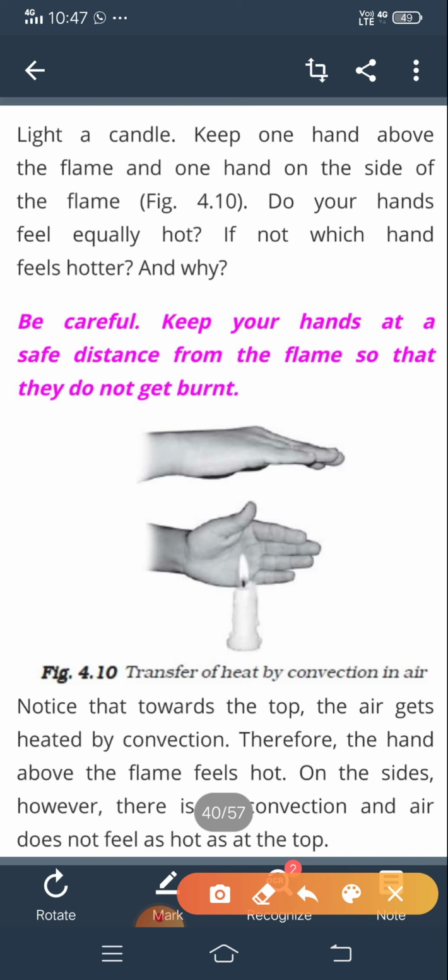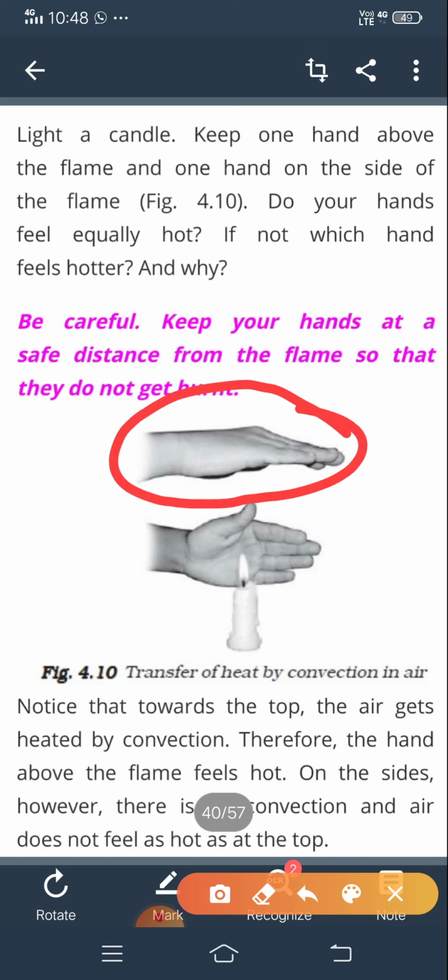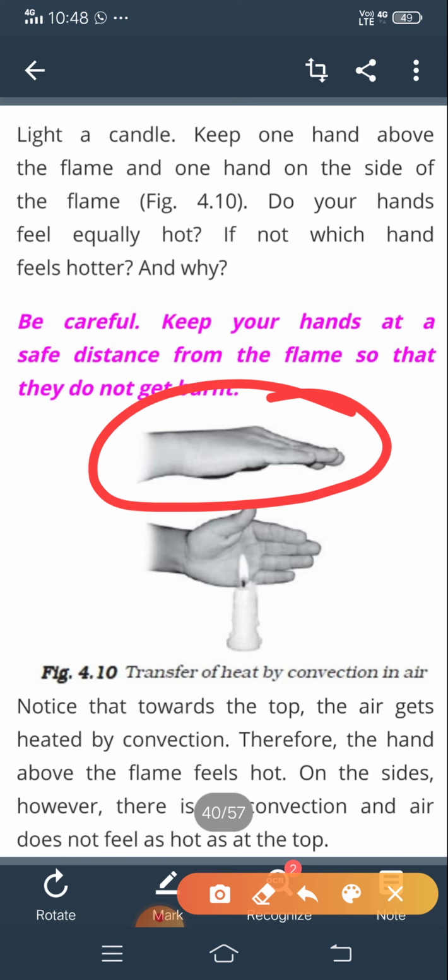If not, which hand feels hotter and why? As you know, the upper hand feels hot because the convection is like this. That's why the upper hand feels hot.